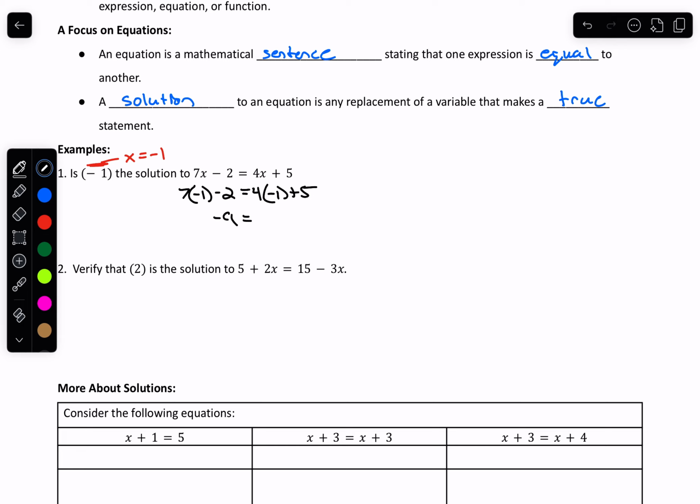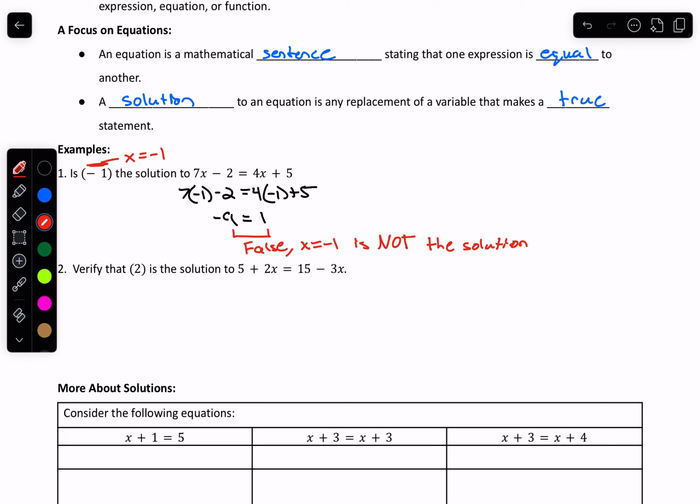And on the right side, 4 times -1 is -4. -4 plus 5 is +1. So when we look at this statement now, it says that -9 equals 1. Well, that is false. Okay, -9 does not equal 1. And so the fact that that's false tells us that x equals -1 is not the solution.